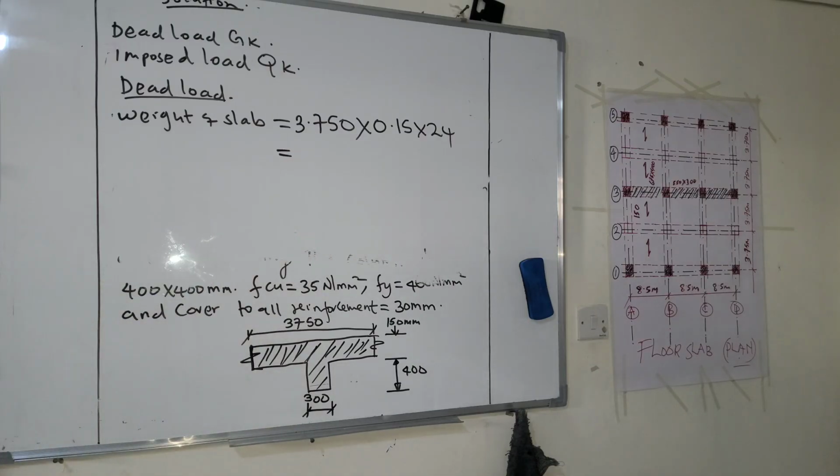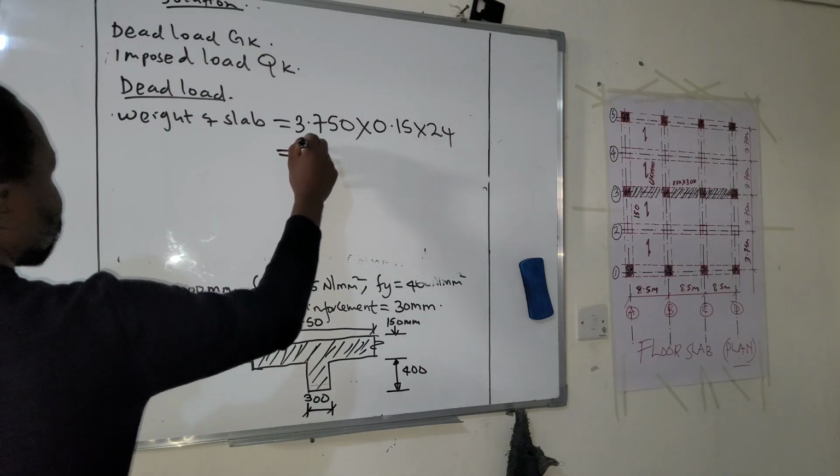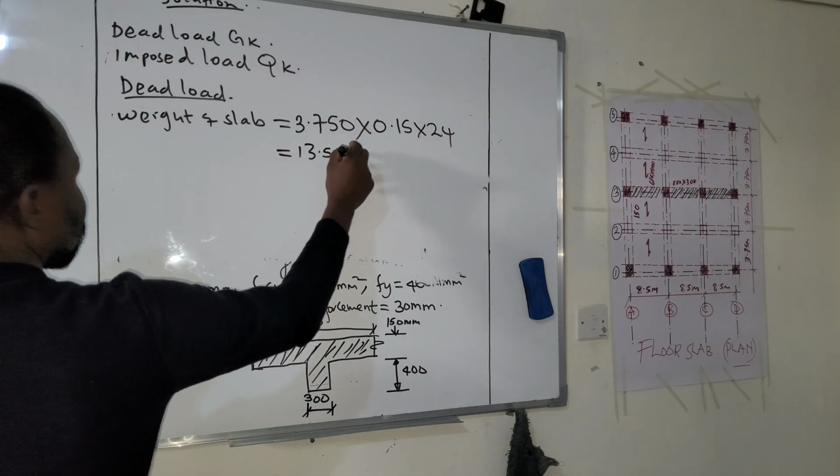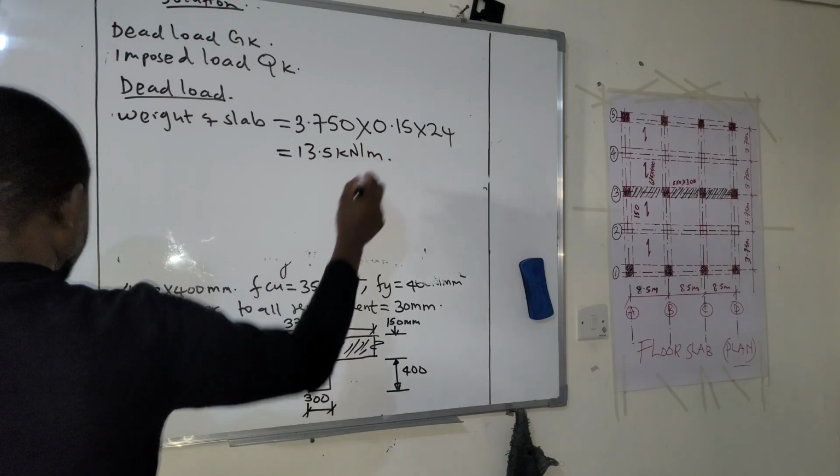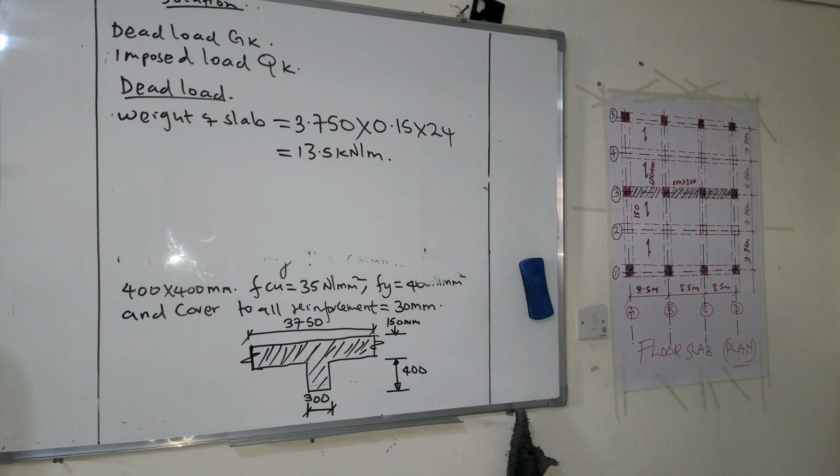So this one is equal to 13.5 kilonewton per meter.